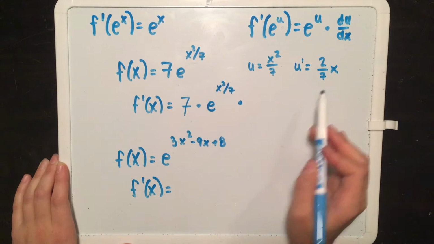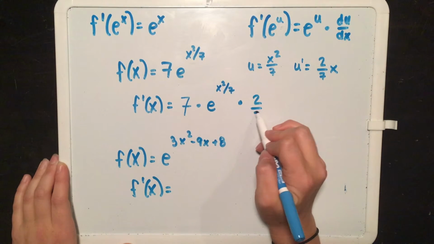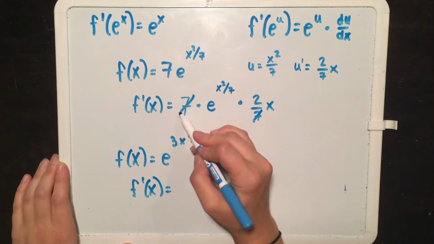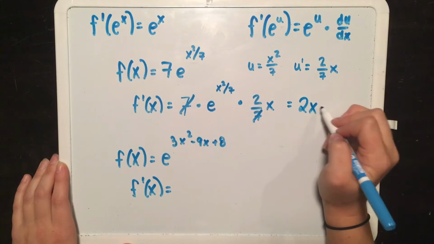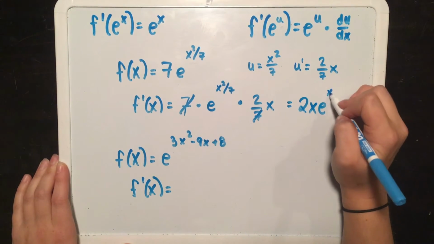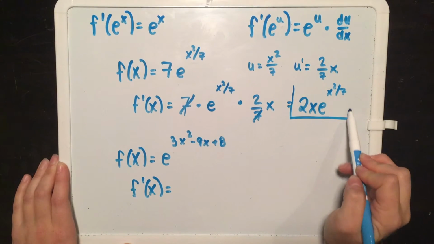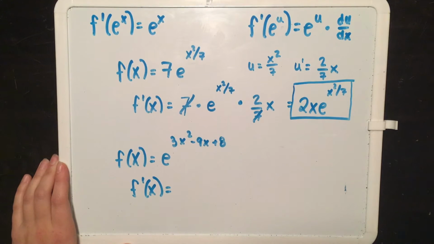So that's going to be what we multiply our exponential term by, 2 over 7x. And if we reduce this, our 7's cancel, and we're just left with 2x e to the x squared over 7. That's our derivative of our function.